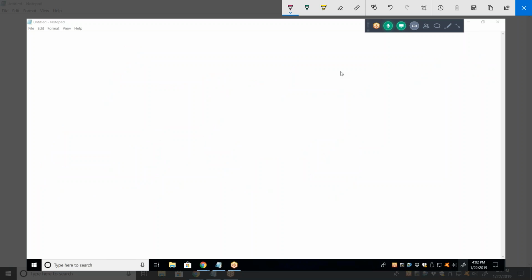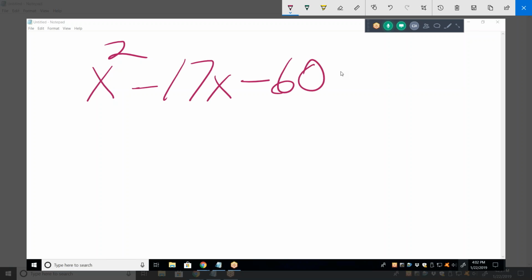Let's try another few. Let me see if I can think of a hard one here. First up. Separate the x's.